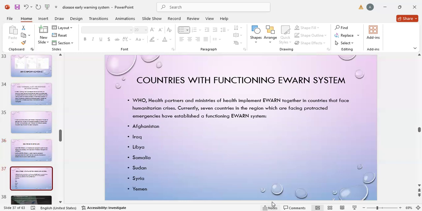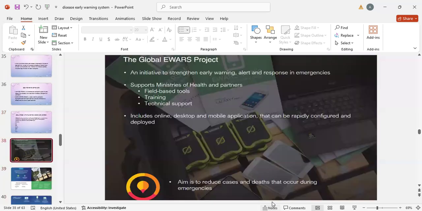Countries with functioning EWARN systems: WHO, health partners and ministries of health implement EWARN together in countries that face humanitarian crises. Currently, 7 countries in the region which are facing protracted emergencies have established a functional EWARN system. These countries include Afghanistan, Iran, Libya, Somalia, Sudan, Syria, and Yemen.